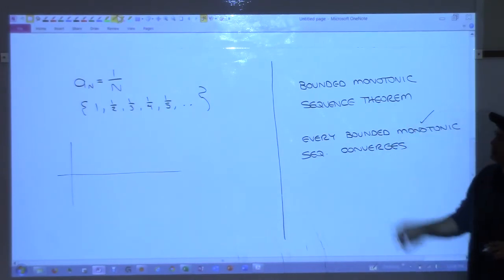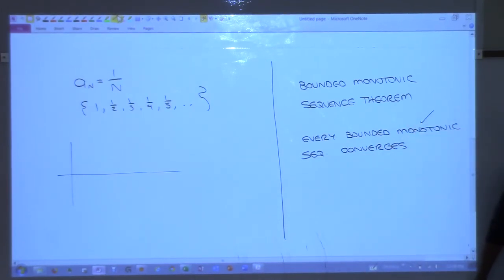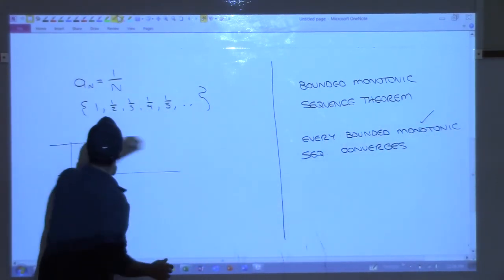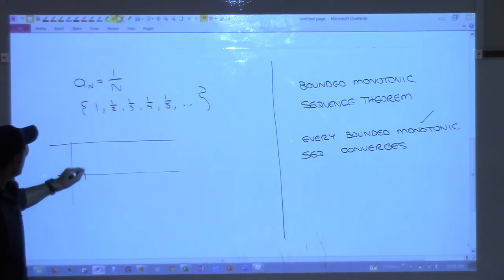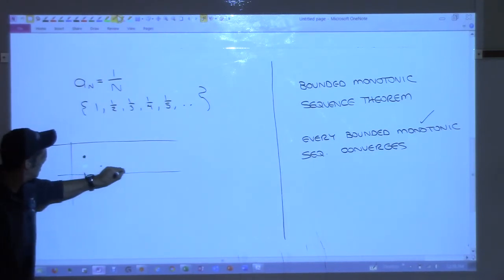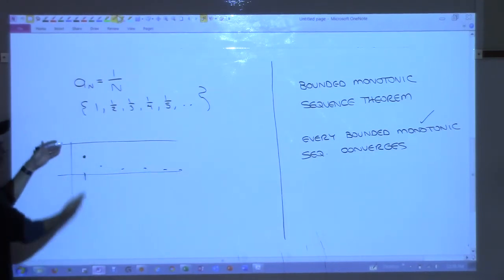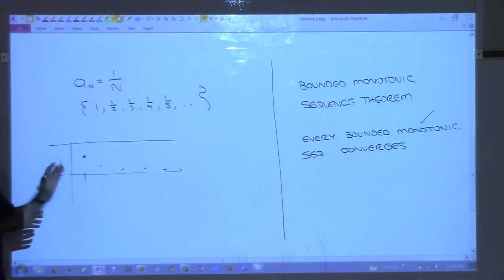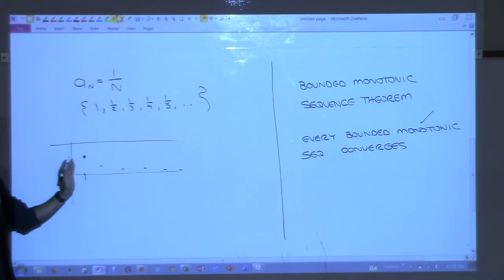Is it bounded? So is there a number that's always above? Everything in here is always below something. Let's see. So we plug in 1, we get 1, and then 1/2, 1/3, right? So can you think of a number that's above all those? We're just starting at 1 and going forward. Yes, because it's a sequence. We're starting at 1, yes.